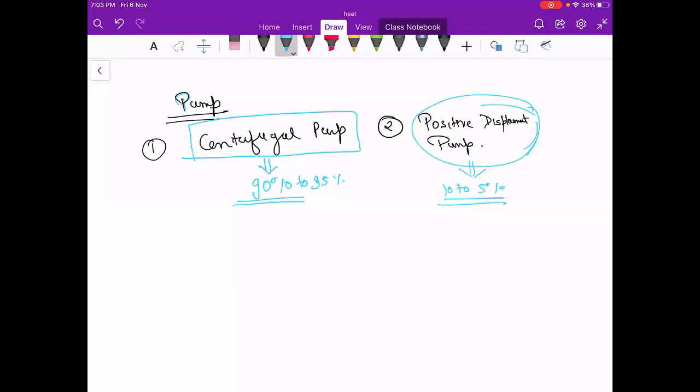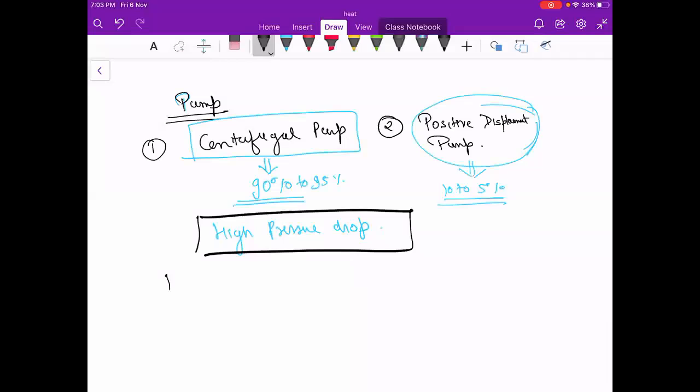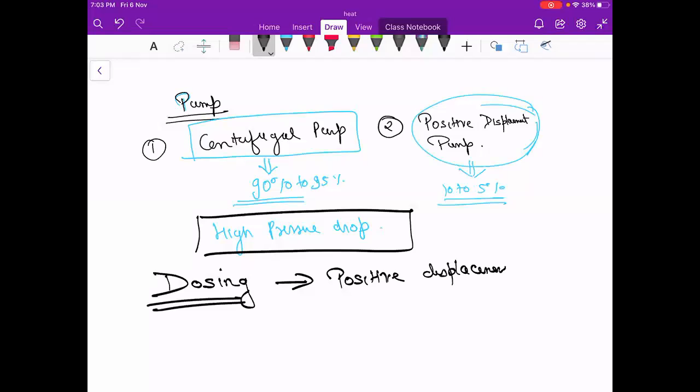Positive displacement pumps basically we use where there is a high pressure drop in the system. High pressure drop means we need something like dosing. If you do dosing in the chemical industry, we use a positive displacement pump, or in a packed column. In a packed column also we use a positive displacement pump.